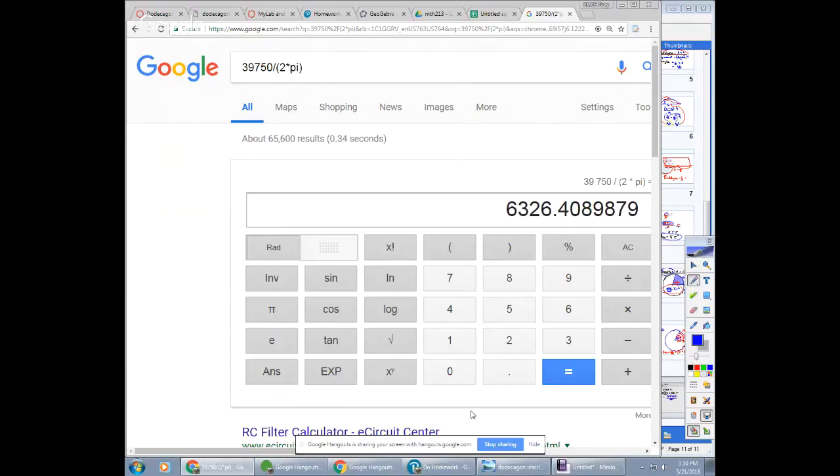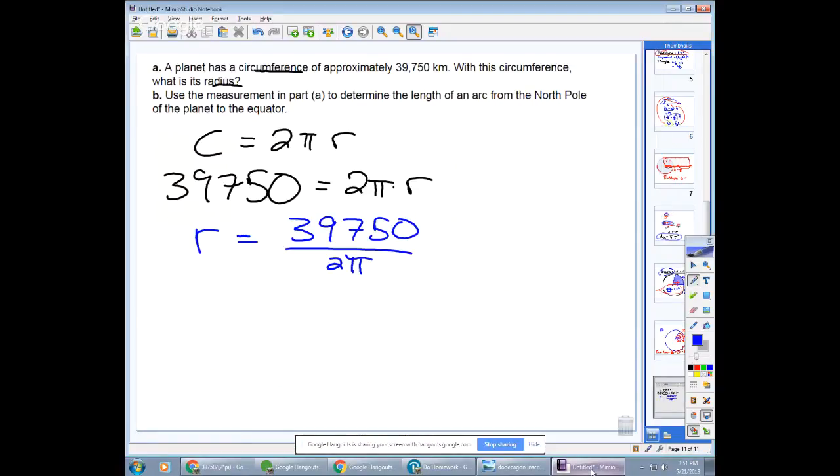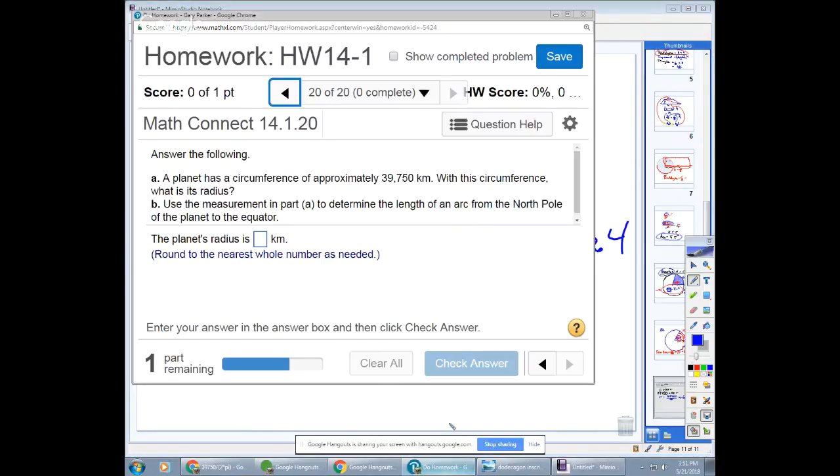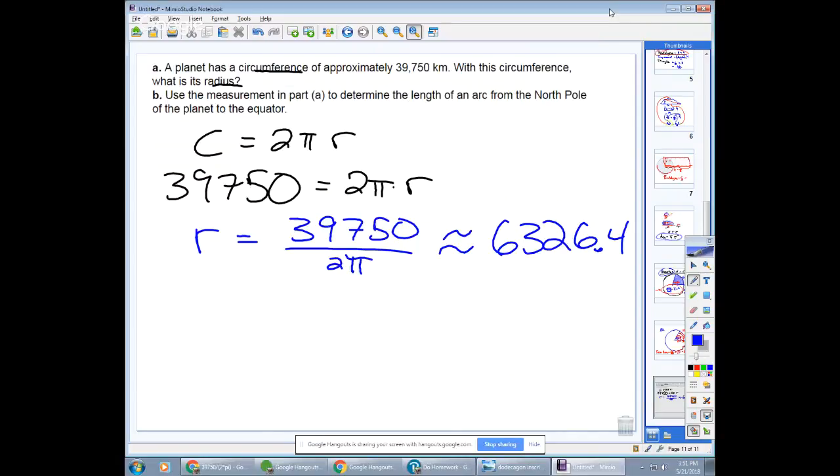So 6326.4, about. And in the next part, did they ask us to be more specific? Round to the nearest whole number. Okay, so they just want the 6326 part. And the 4 means we leave that 6 alone.